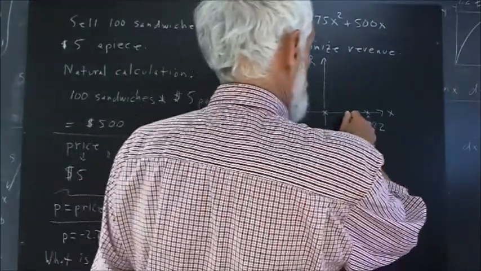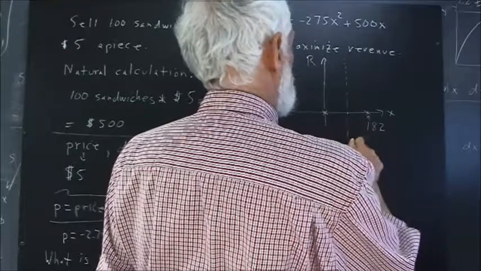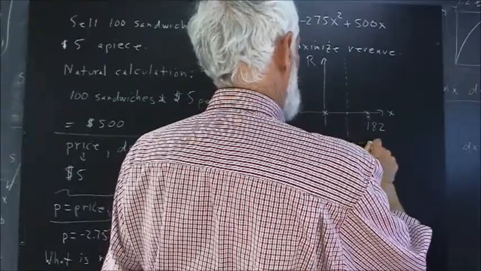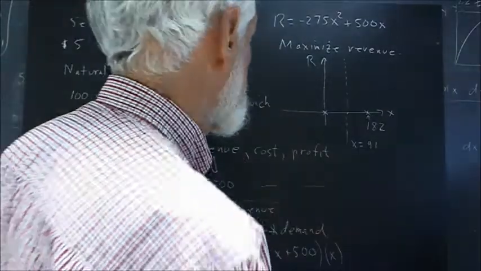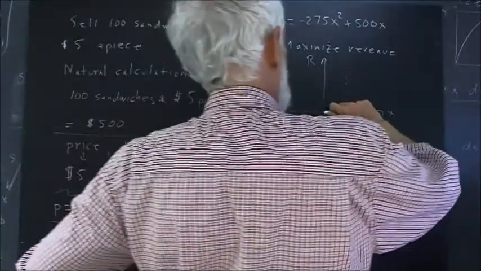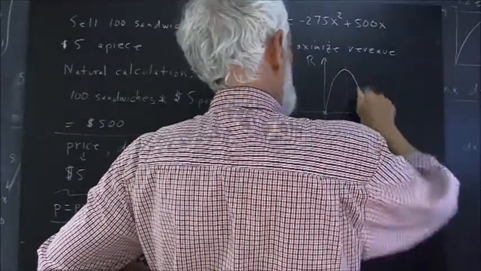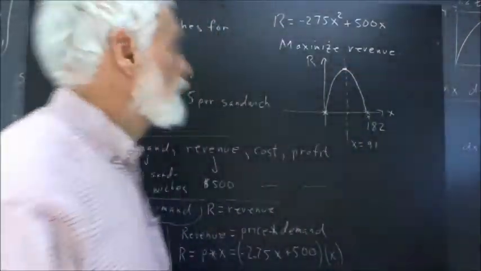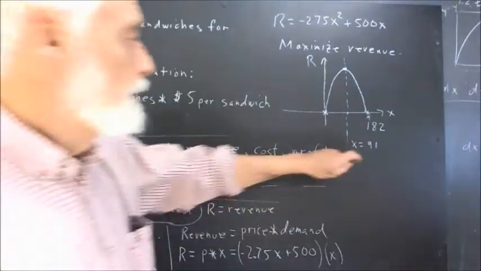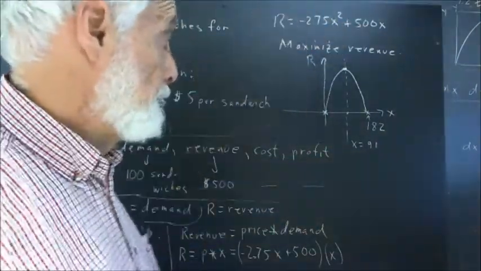But the axis of symmetry is halfway between the zeros, and this is the line x equals 91, approximately, rounding to the nearest whole number. And the peak of the graph will then occur on this axis of symmetry at the vertex. I didn't draw that very well. So we plug 91 into the revenue function and we'll get the maximum revenue.